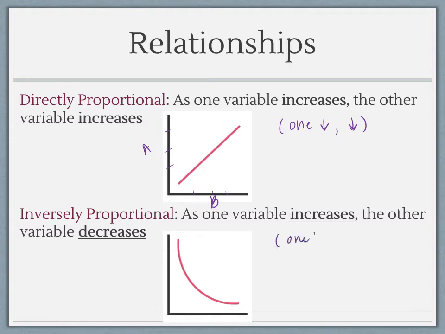So as one goes down, the other goes up. So a graph is going to look like the one below. So for example, whatever's on the x-axis, as that goes up, we see that the y-axis is actually getting lower. So we need to recognize what a directly proportional relationship is and what an inversely proportional relationship is.